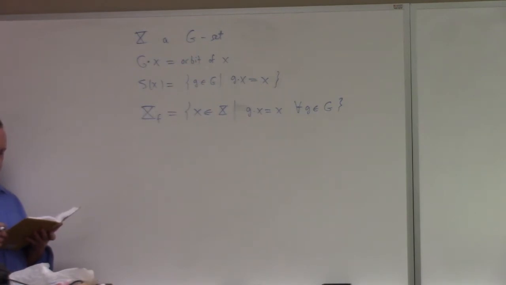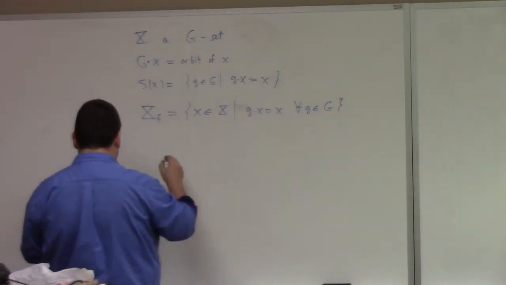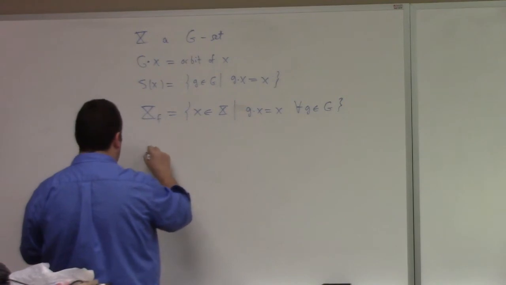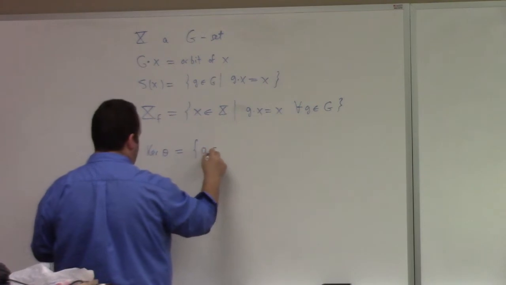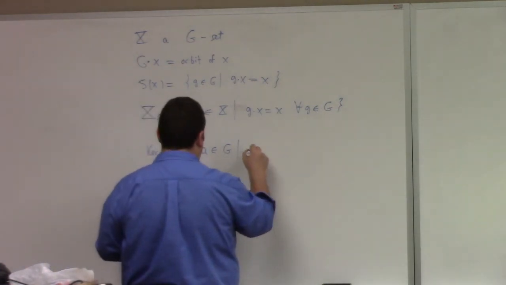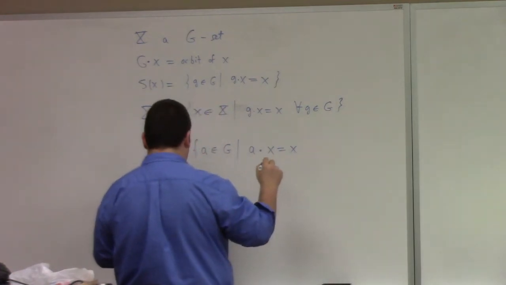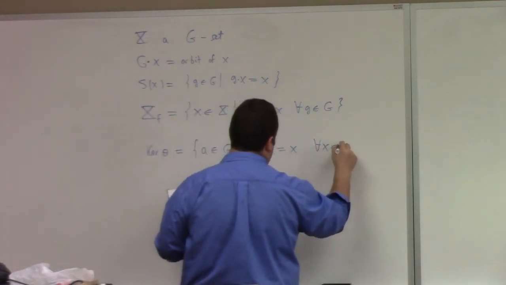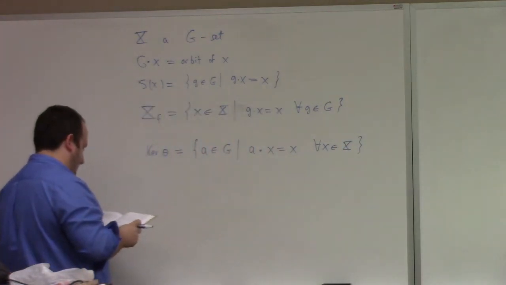In general, if X is a G-set, then the kernel of theta is normal in G, and it's given by the set of a in G such that a dot x equals x for all x in X. This is called the fixer of the action.